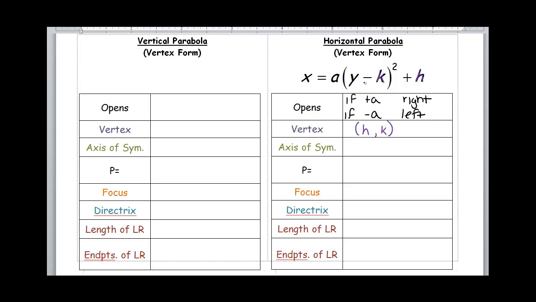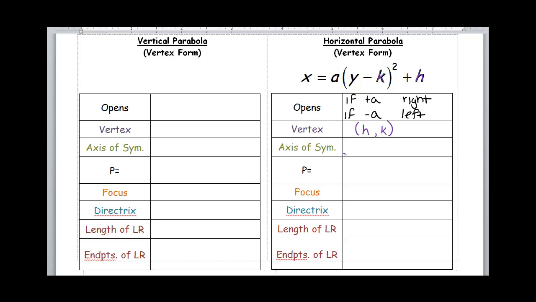Second thing you should notice is that because it's y minus k, I want to take the opposite value of what we see here. So if I had y minus 3, I would actually put a y value of positive 3, even though it was minus. Then, because we have plus h, we're going to actually add, maybe 2. And so I would put a positive 2 here for my vertex.